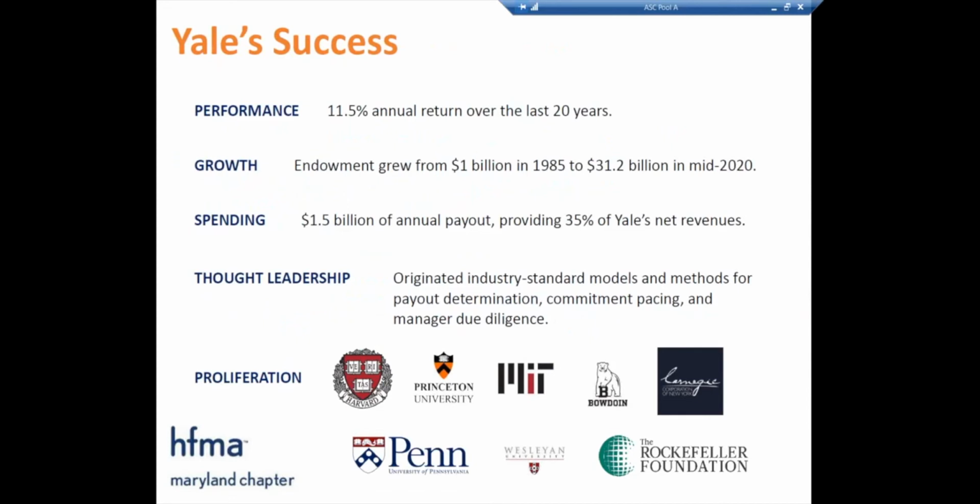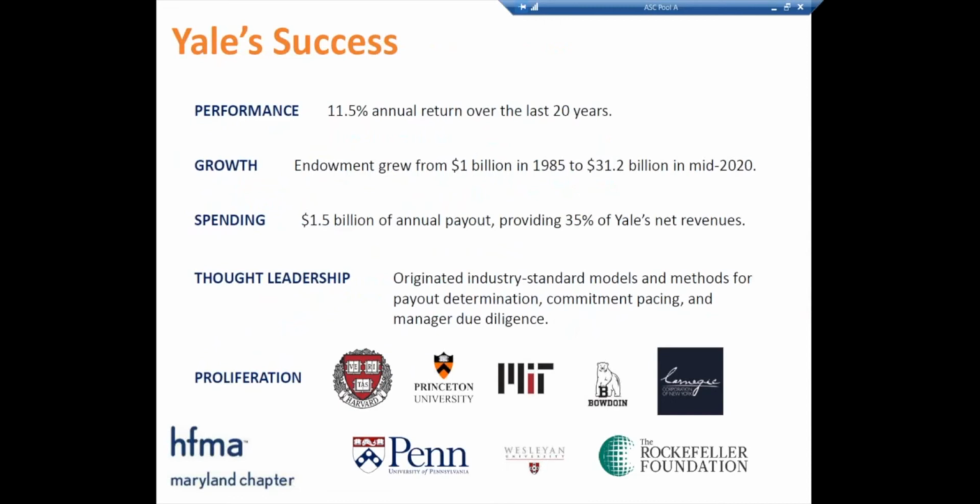So Yale has had a tremendous amount of success with their endowment over the last 20 years, and this is through mid-2019, because that's the latest full report we have from Yale. They issue an annual report, which gives good information about how the portfolio has done, and that report hasn't come out for their fiscal year ended the middle of 2020. So this is as of 2019, an 11.5% annual return.